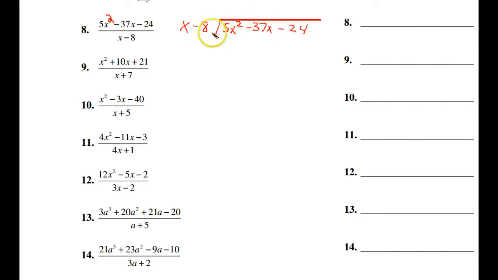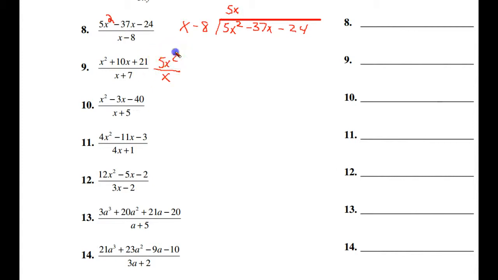Now, what's the technique here? Well, we're going to see how many times x will go into this. And a good technique is just put it here. Do like we did before. And this is going to be 5x.